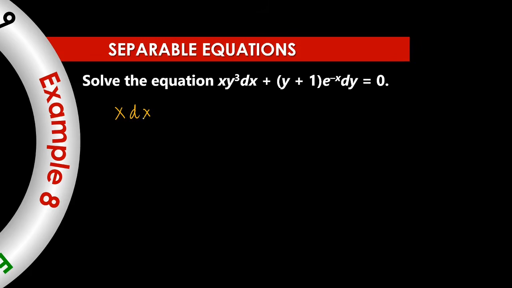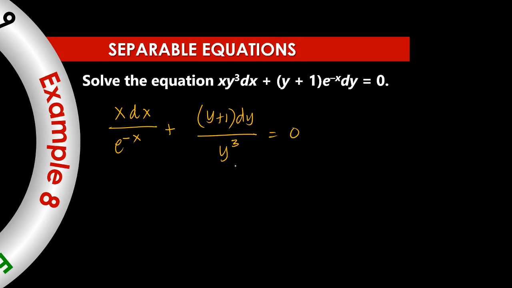So e to the negative x will be the denominator of the term containing x dx, and then plus, y plus 1 dy would have a denominator y cubed, and then 0.